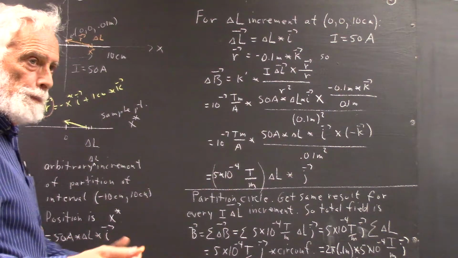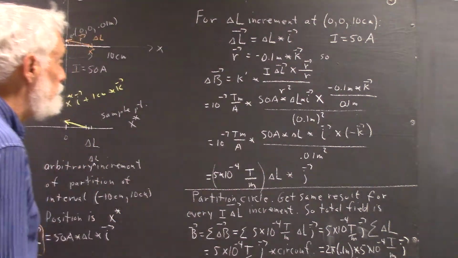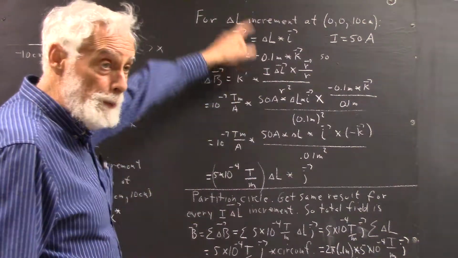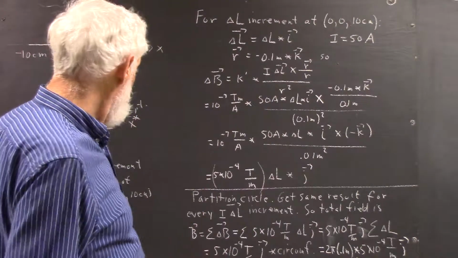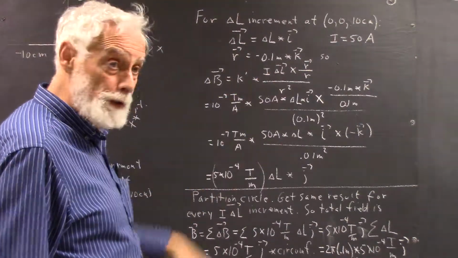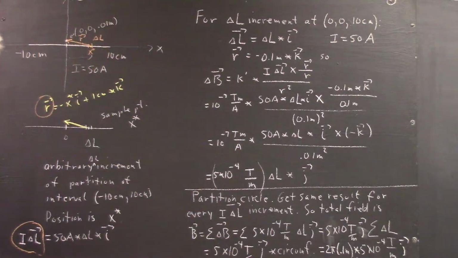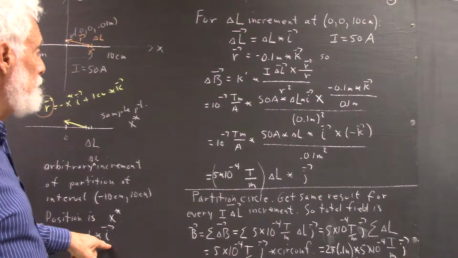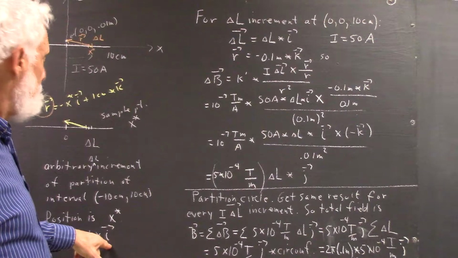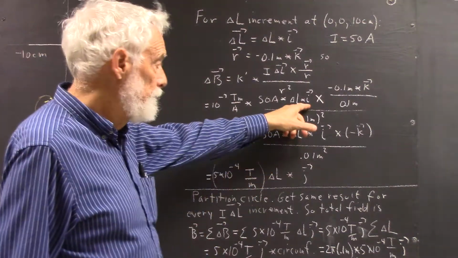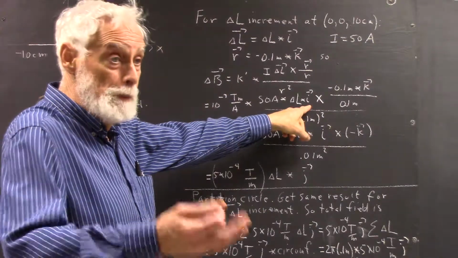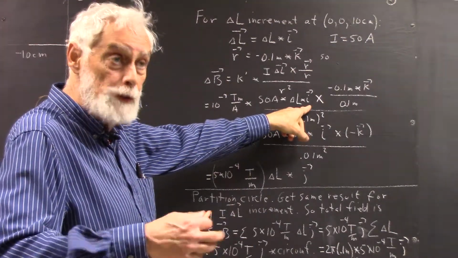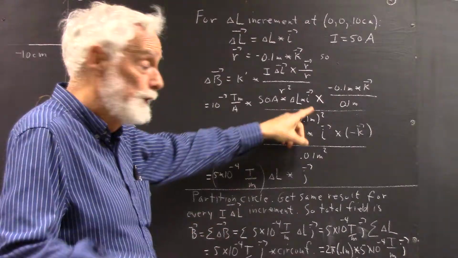That's all we need to plug into our expression, which is the same as it is in any other case. The I delta L is going to be 50 amps times delta L, just as it was here. But then it's going to be times the i vector. Well, just coincidentally, the way I set up my coordinate system, this is the i vector. For everybody else, it was the j vector or the k vector, or maybe even the negative j vector or the negative k vector.